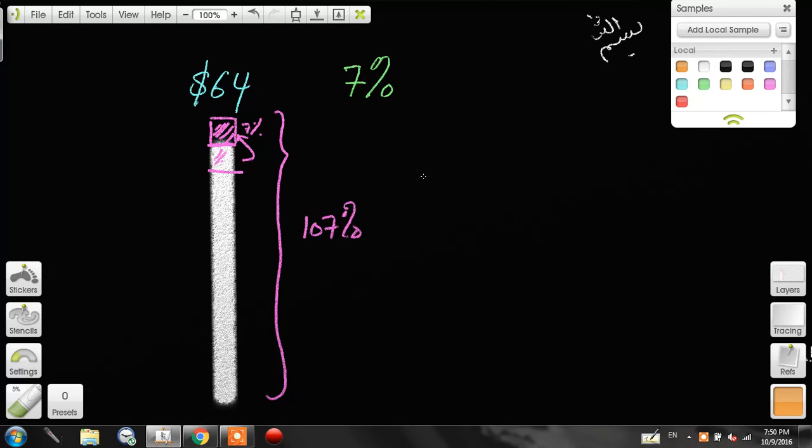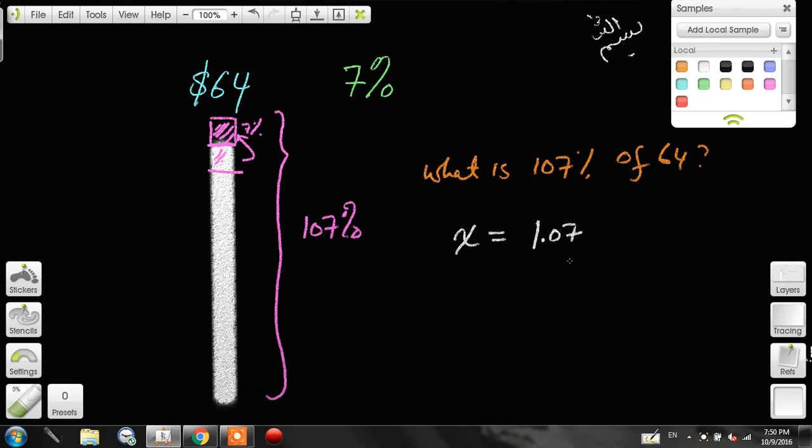So what is 107% of 64? X equals 1.07 times 64. You can do it like this, as I did, just convert it to decimal form, or you could do it with the percentage like that. In these cases, it's just easier to convert it to decimal form.